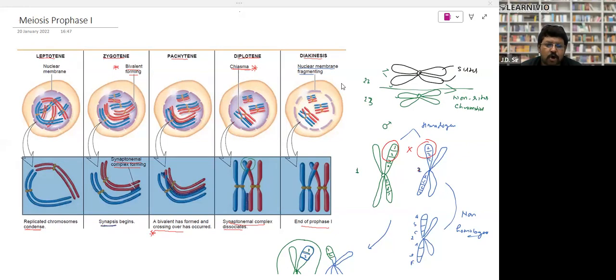This process is the end of prophase. So this was the meiosis prophase 1.